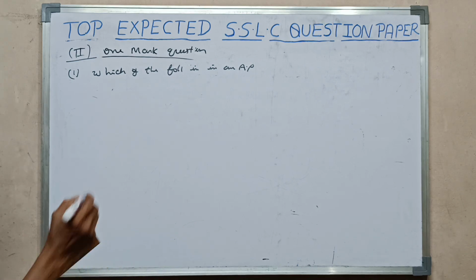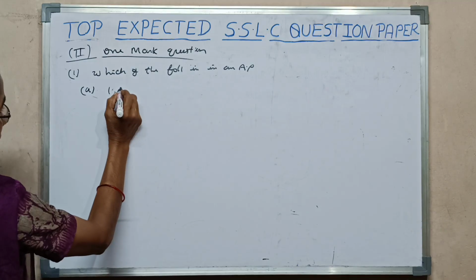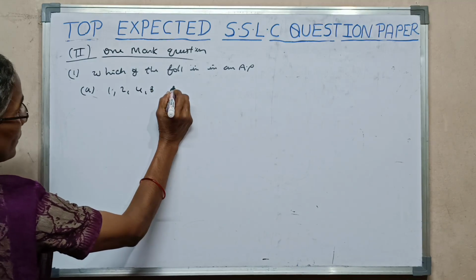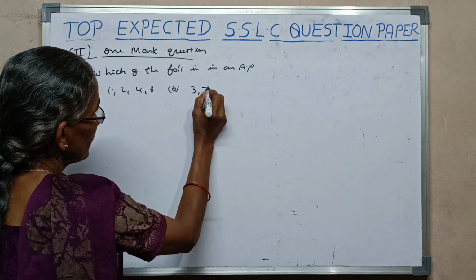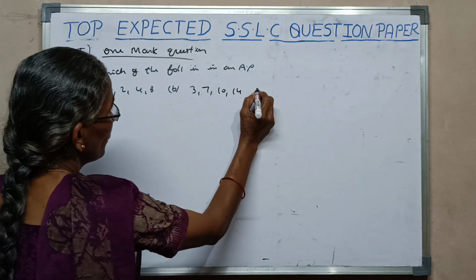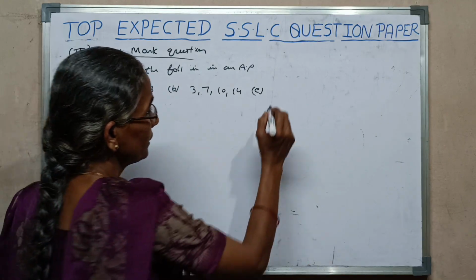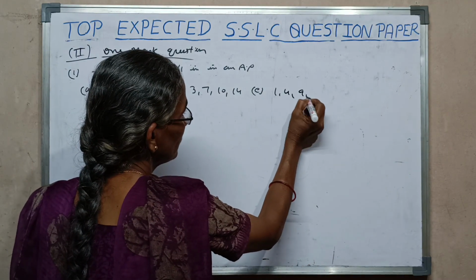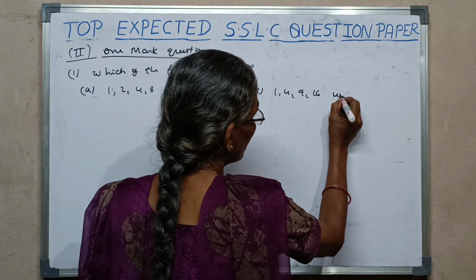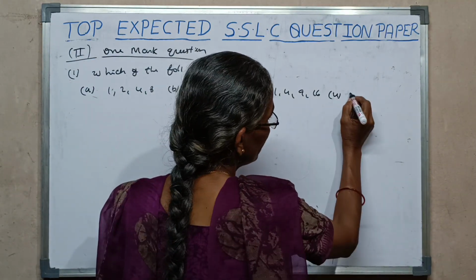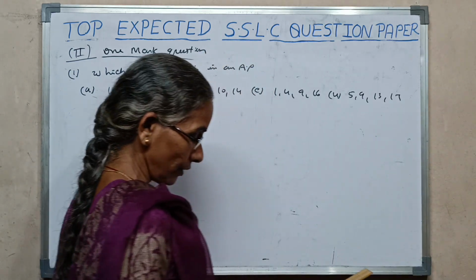First answer A: 1, 2, 4, 8. B answer is 3, 7, 10, 14. Third answer is 1, 4, 9, 16. And fourth answer is 5, 9, 13, 17.